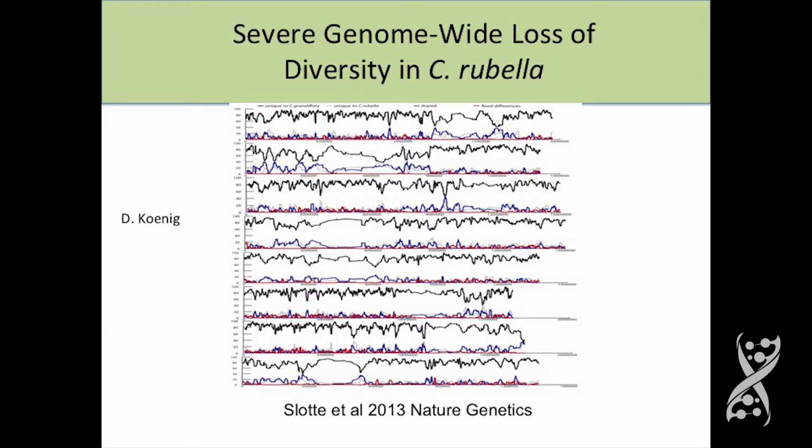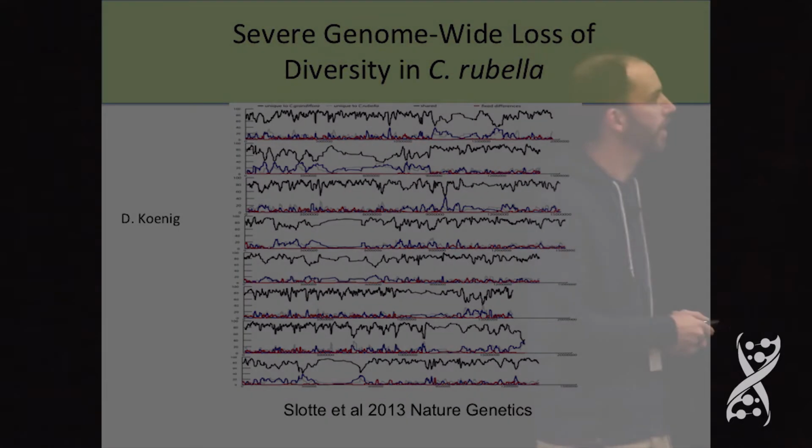Both the founder event and the switch to selfing have led to a severe loss of genetic variation. There are some regions of the genome where more shared variation has been maintained. And in fact, this is associated with regions where there are disease resistance genes. So this may be the maintenance of balanced polymorphism. But in general, we have a genome-wide collapse of genetic variation.